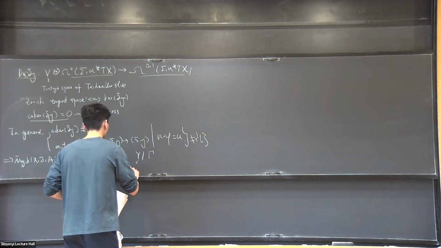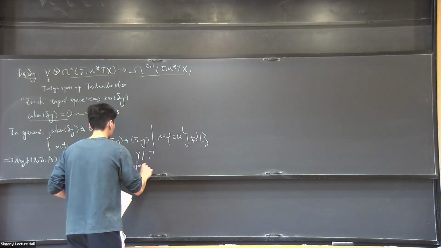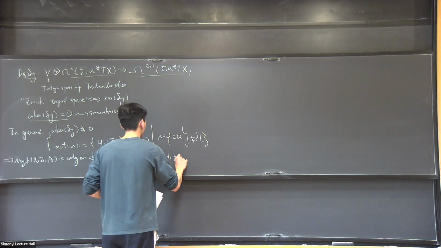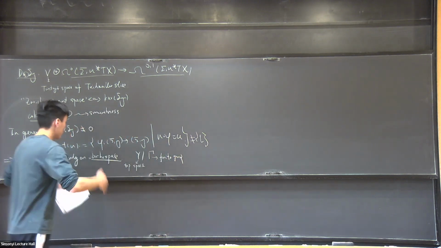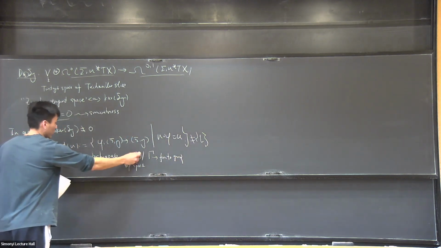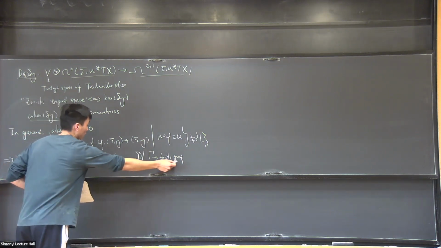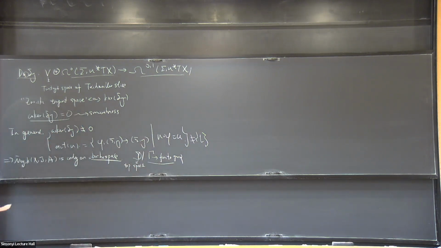Because smoothness fails, this cannot be made into a manifold in general, and because of the presence of the automorphism group, we have this finite group acting on this space.